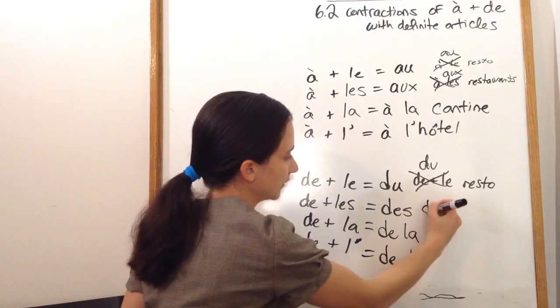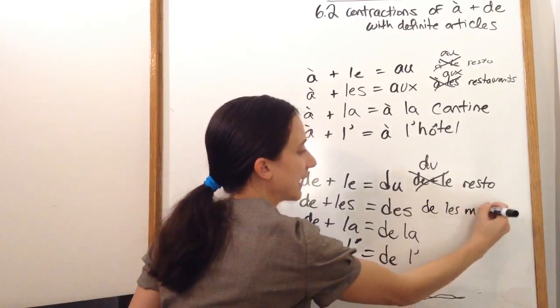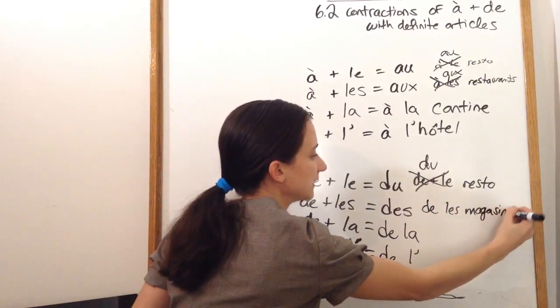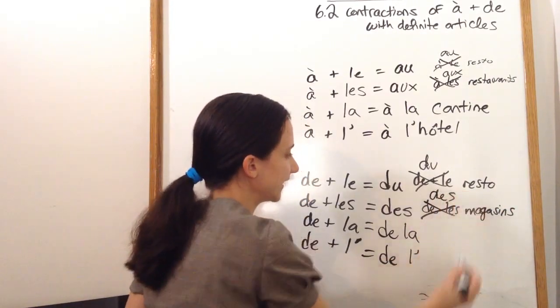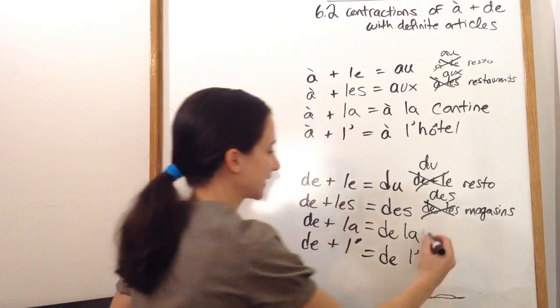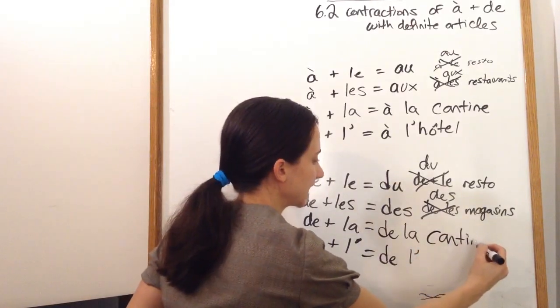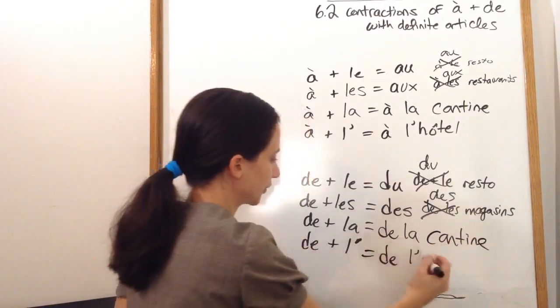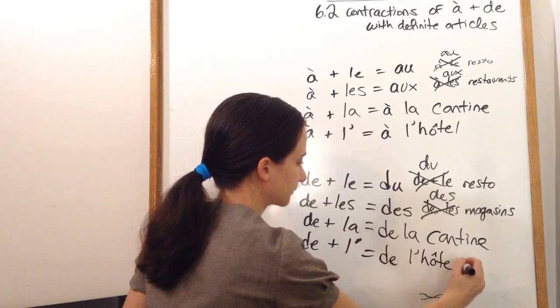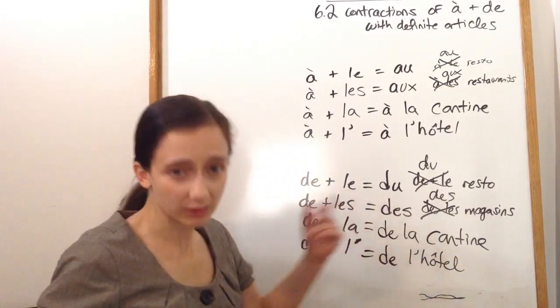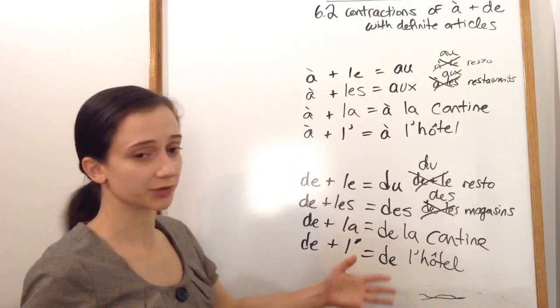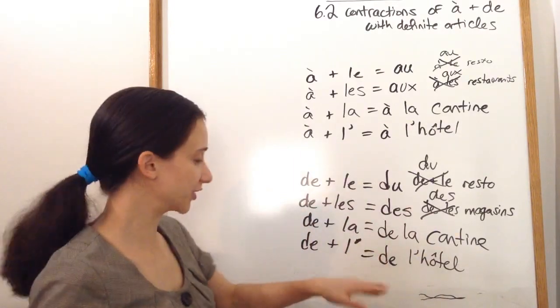I was just shopping. De les magasins, we can't say de les, changes to des. De la cantine, we can keep that, that's feminine. De l'hôtel. Okay, like the shampoo of the hotel, the hotel's shampoo. You would say de l'hôtel, okay, shampoing de l'hôtel.